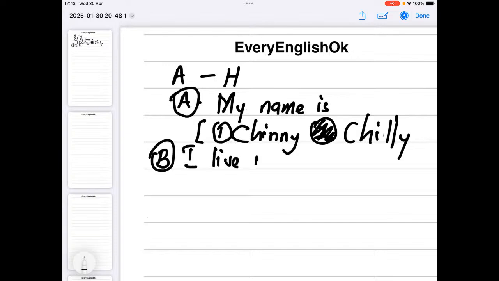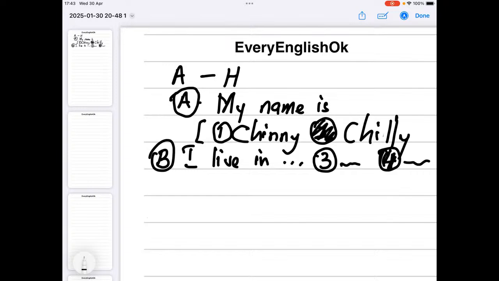I live in da da da. So the option is number three. I wrote something, and then another one something. I gave them about 30 seconds because some of them are really very slow. So they have to shade which one is the correct answer.